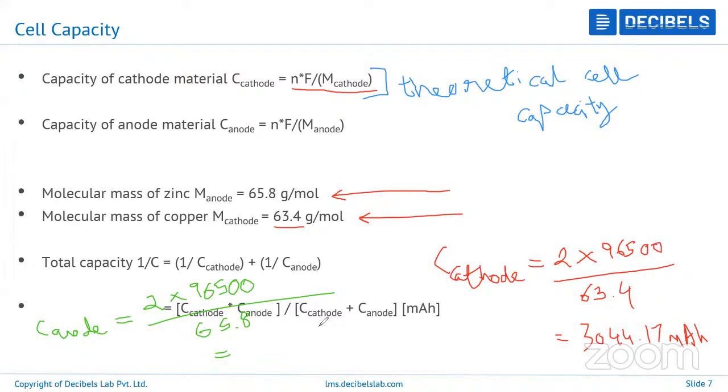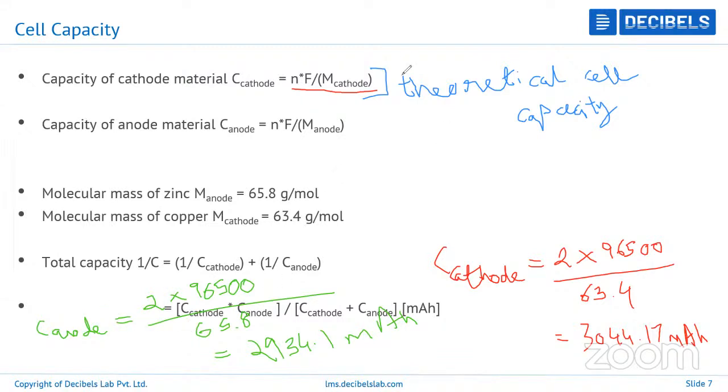This should give you 2,934.1 milliamp hours. So these are the two values that we get for the capacity at the anode and the capacity at the cathode. Now substitute these into the final equation that we see at the bottom over here.